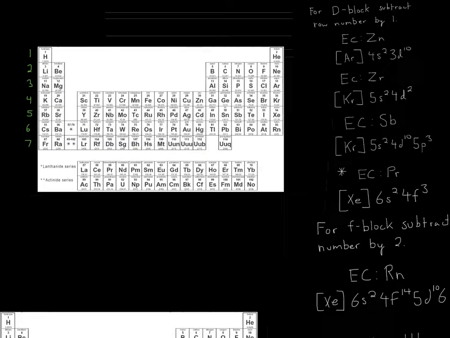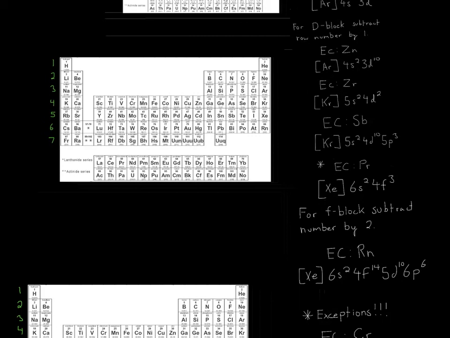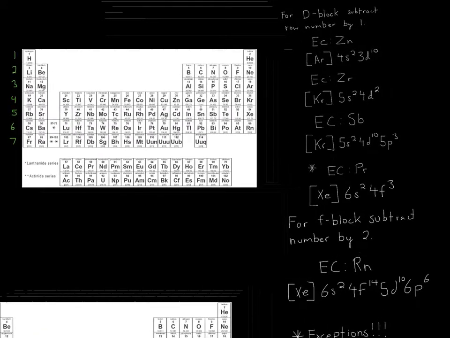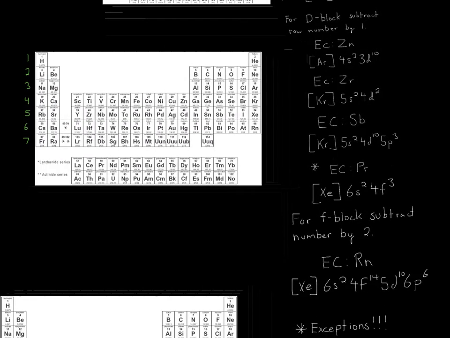Now, for the final block, the F block, right? The F block's this one. Now, we do the same similar thing that we did for the D block, except now we subtract by 2. Now, this is just something you memorize again. Subtract by 2. So let's try it. So we have Pr, right? We have Pr as our element.